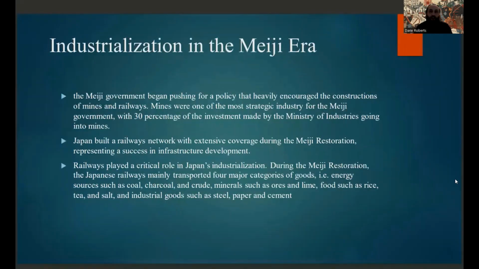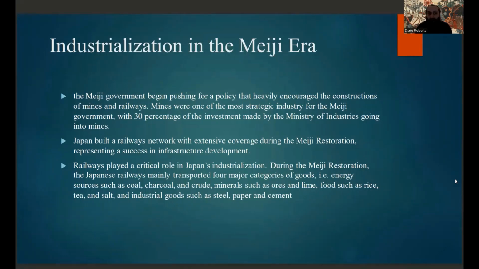All right, now it is time to look at the industrialization of Japan in the Meiji era. So the Meiji government began pushing for a policy that heavily encouraged the construction of mines and railways, as well as other things like telegraph lines, with mines being one of the most strategic industries for the Meiji government, with 30% of the Meiji investment being made by the Ministry of Industries going into mines.